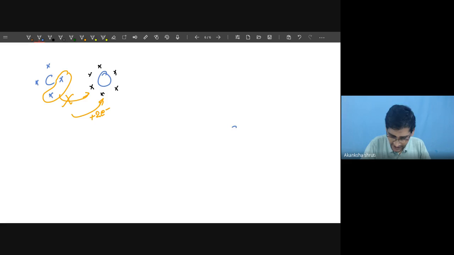So see, I am considering this carbon. Carbon has 4 electrons like this. I am considering the oxygen. Oxygen has 6 electrons. Let me draw like this. It is possible that this carbon will say, no, no, I will not give you totally, or I will not transfer my electrons to you, because I am also in need of the electrons.